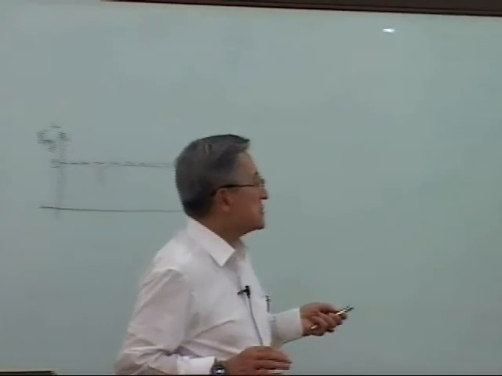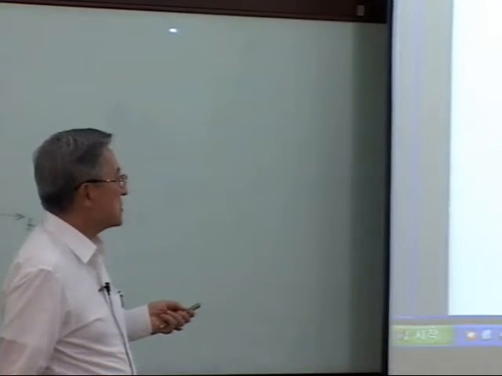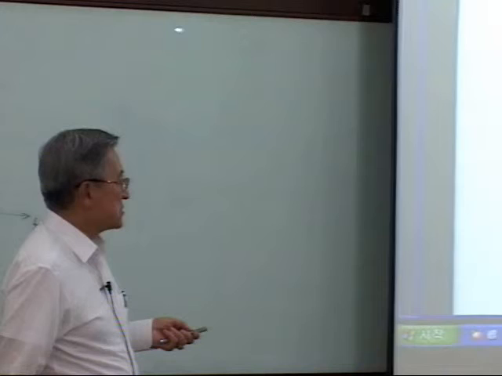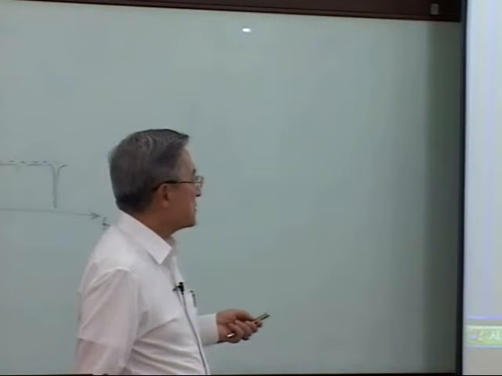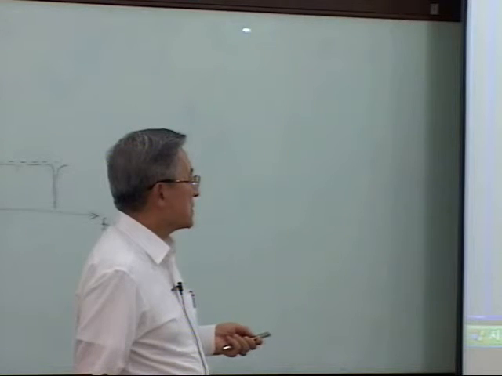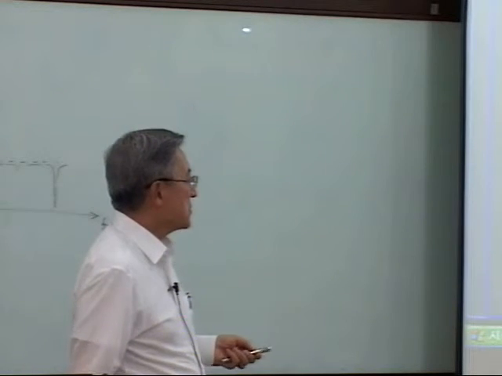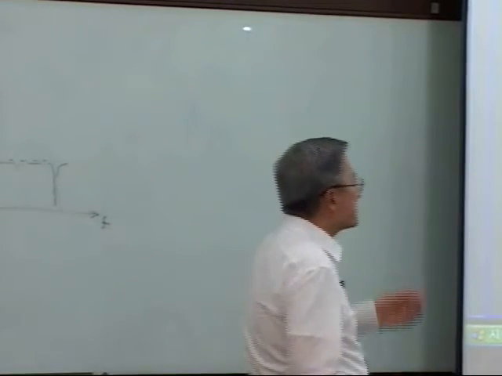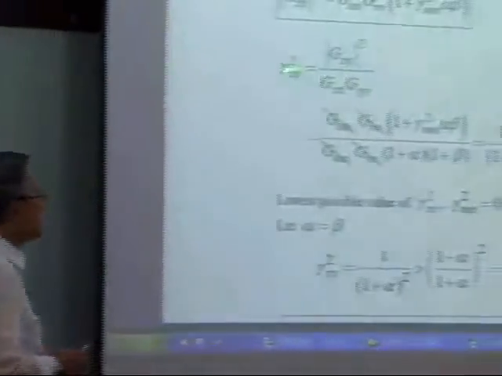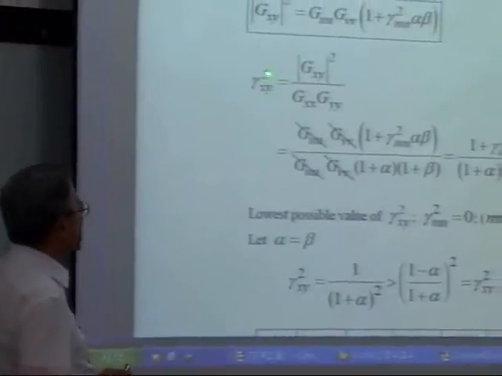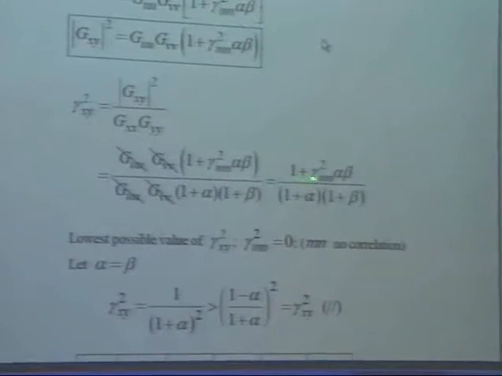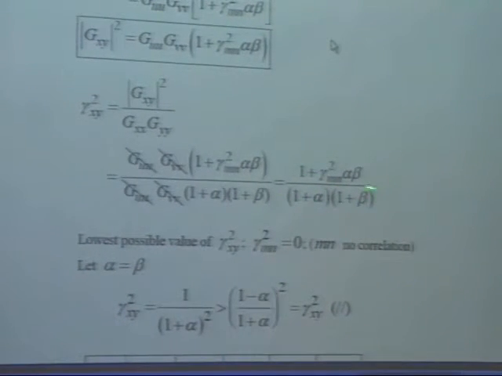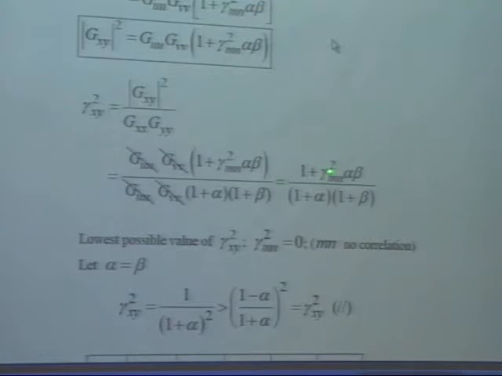Then back to definition, then expressing alpha, beta, gamma mn. So gamma xy square is equal to this. To get the lowest possible value here for gamma xy square, what I can assume is, you can't change anything just by looking at this.